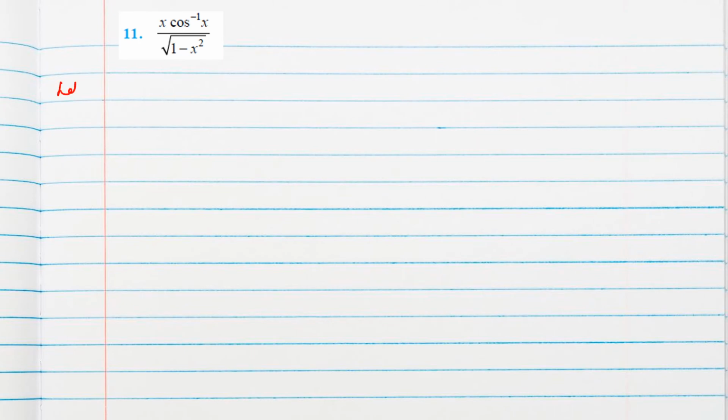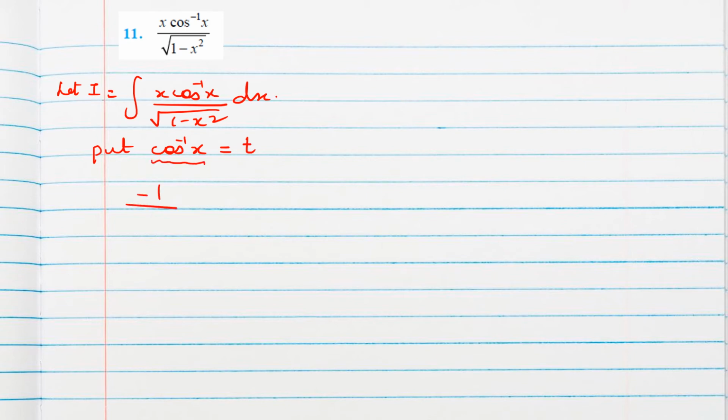Let the integral be I. So here we'll substitute cos inverse x as t. Okay, so the derivative of cos inverse x is minus 1 by root 1 minus x square, dx and dt. So here we got dx by root 1 minus x square in the question, but the minus is not there.